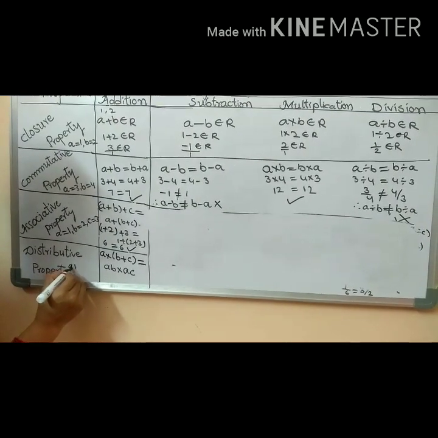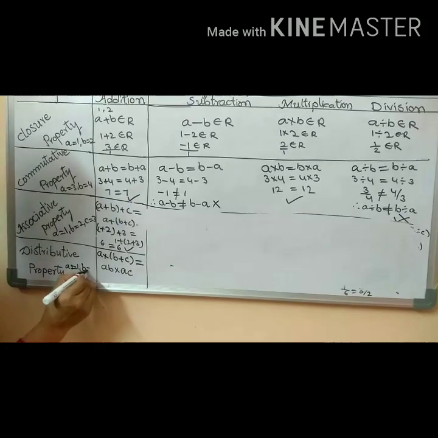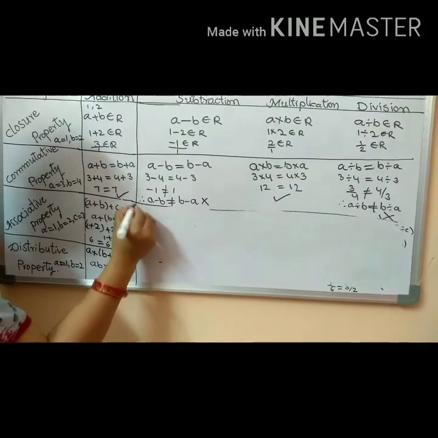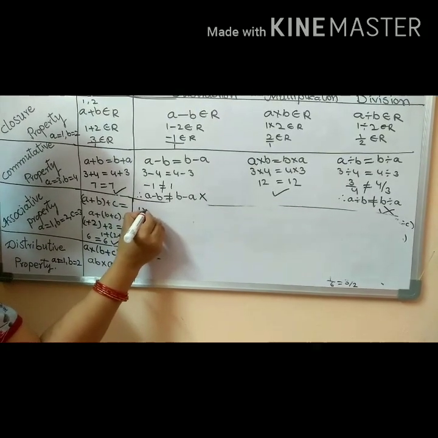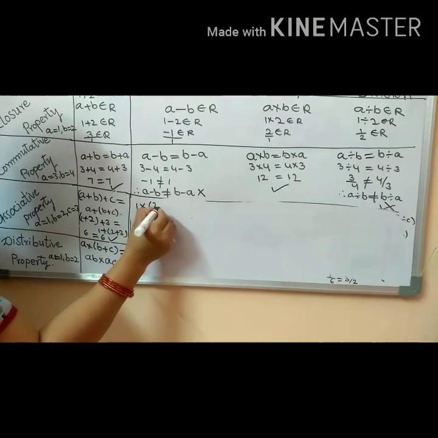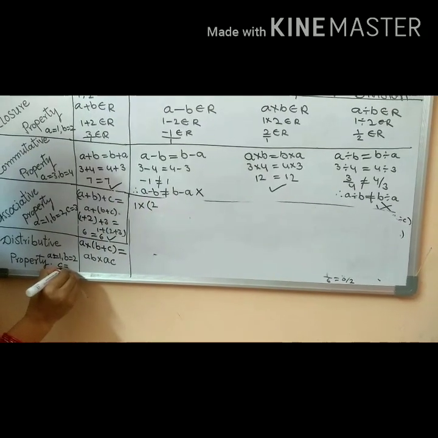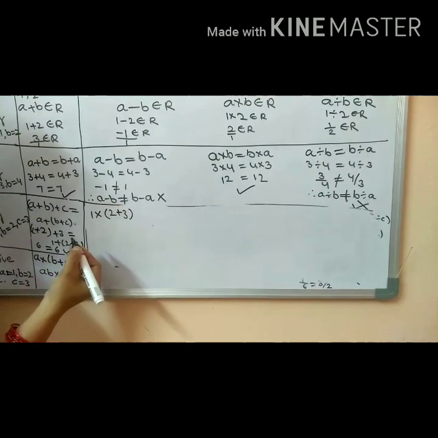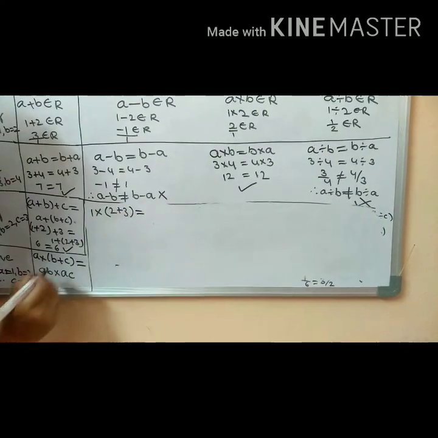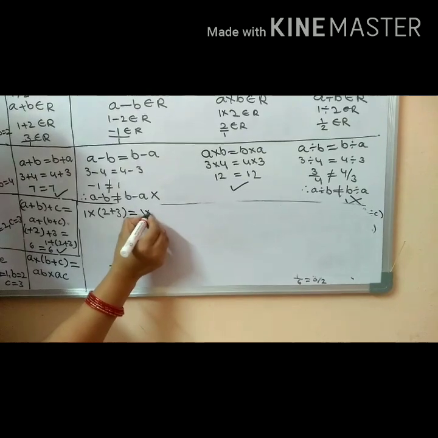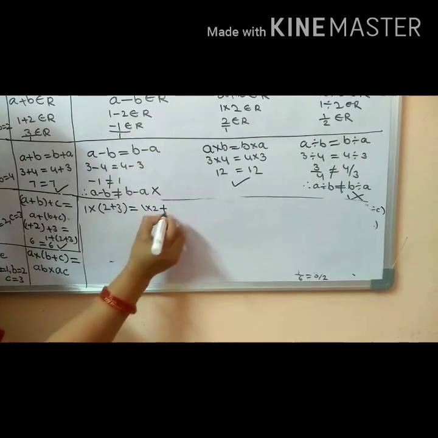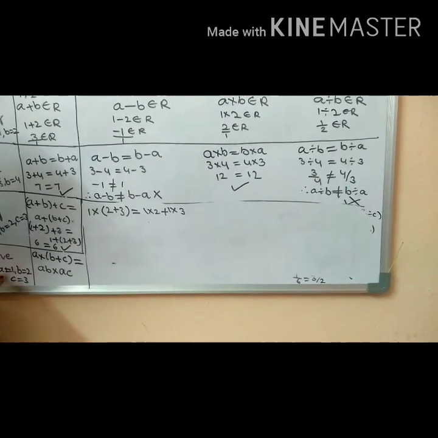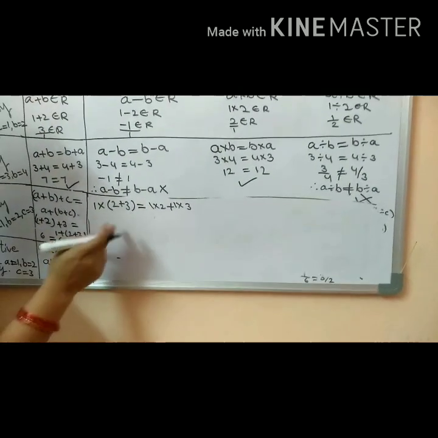A equal to 1 and B equal to 2. Here C is also there, 3. So 1 into 2 plus 3 is equal to AB, 1 into 2, plus AC, 1 into 3.